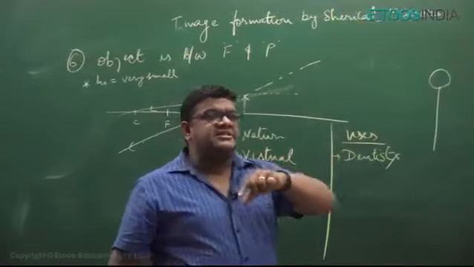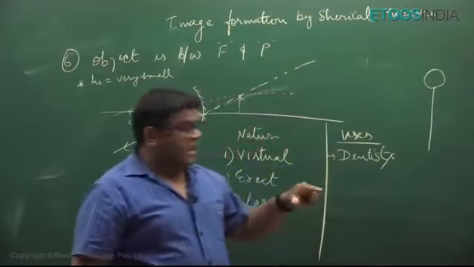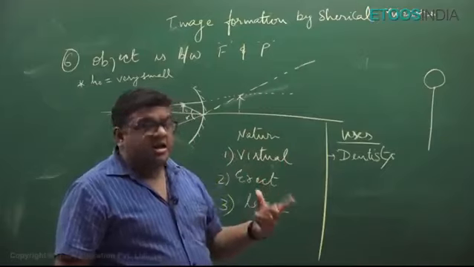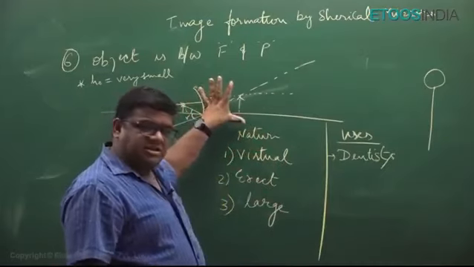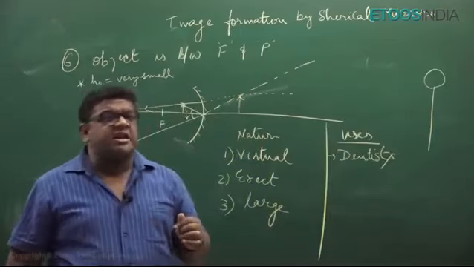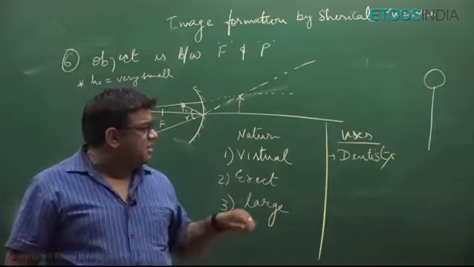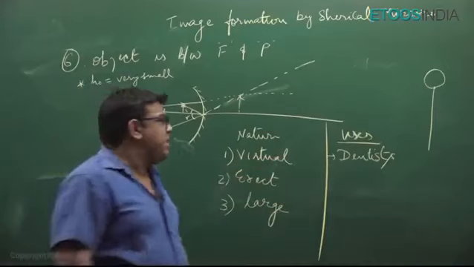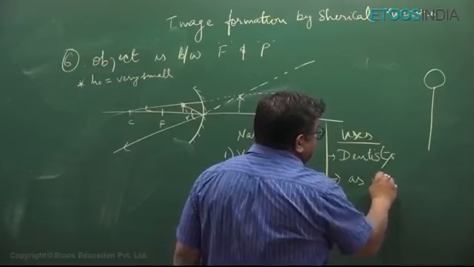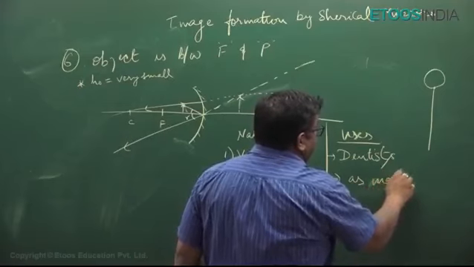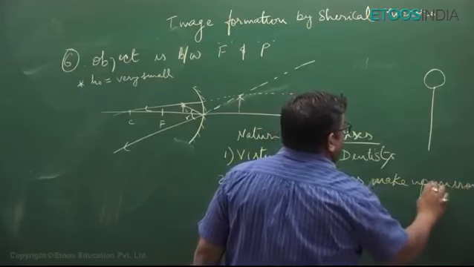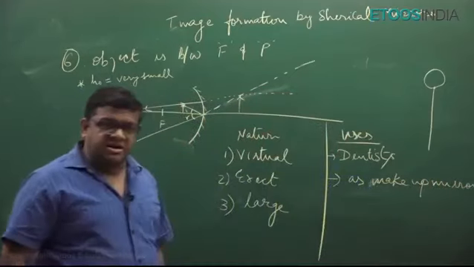He inserts this into our mouth to obtain the image of any cavity or corroded teeth, and the image formed is enlarged, plus it is erect. If it is not erect, then it won't be convenient for him to see it. So it is used by dentists and as makeup mirrors. Is it clear?